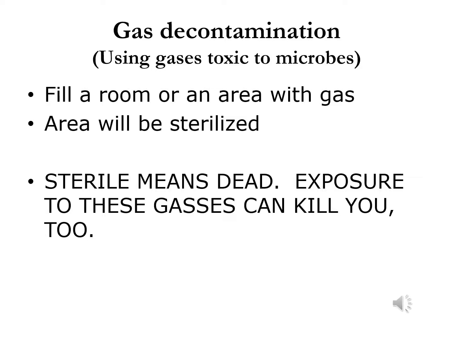So the indicators are in the hardest areas to reach. They close and seal the room, and then the gas begins. After the gas has penetrated the room, of course it's turned off, and the room sits sealed with the gas for an amount of time. Then you have to remove the gas and let the room come back to normal conditions.